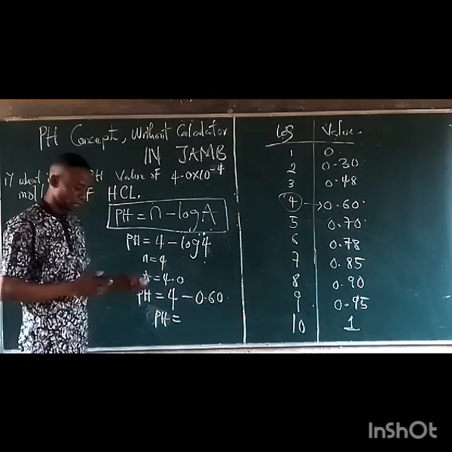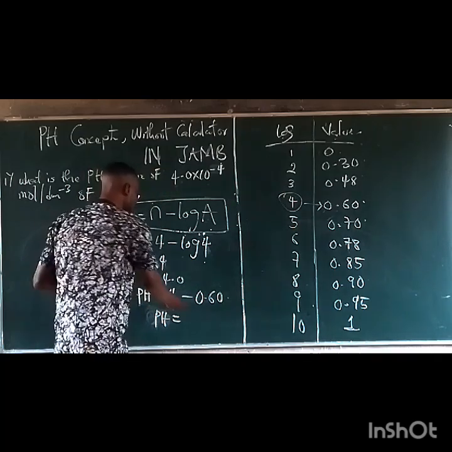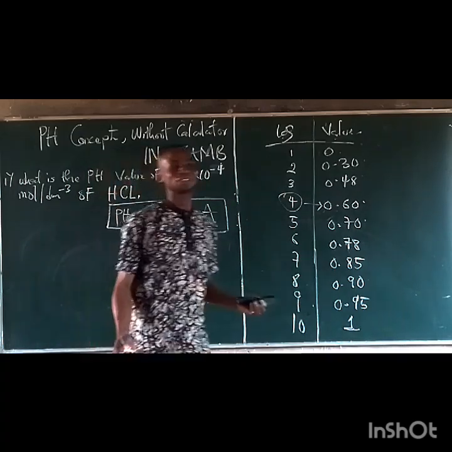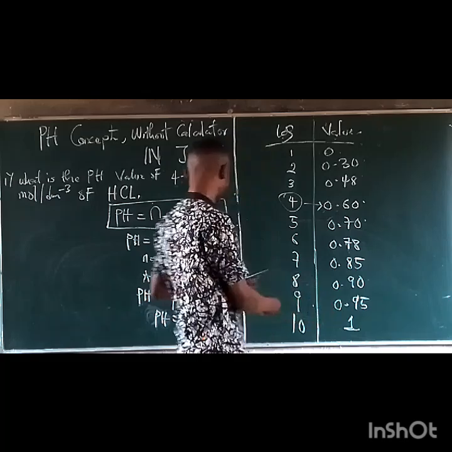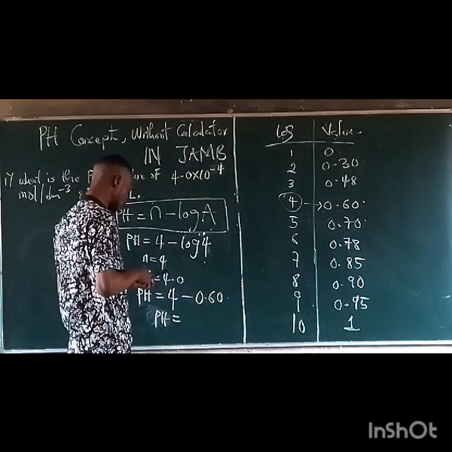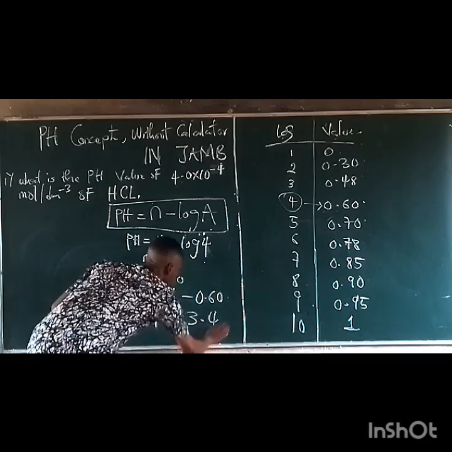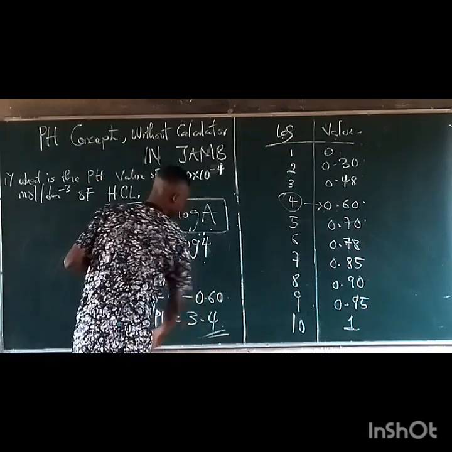Then you can come to the calculator, because in the JAMB calculator you can press the calculator. So you use it by saying 4 minus 0.60, which should give you the pH of 3.4. That's the answer.